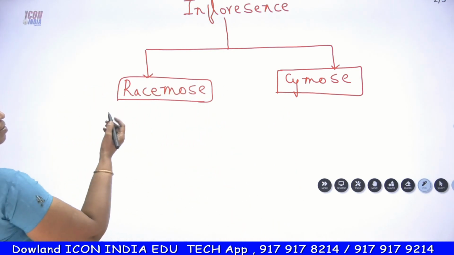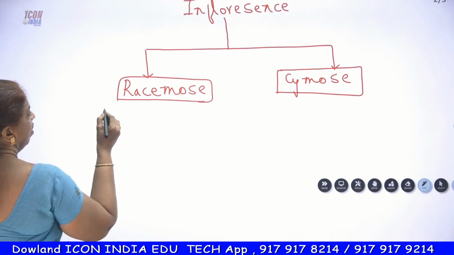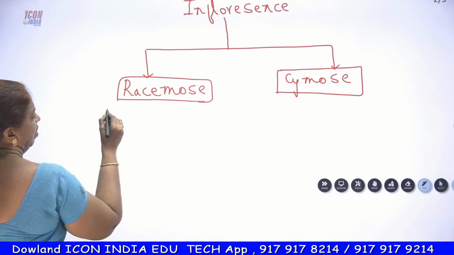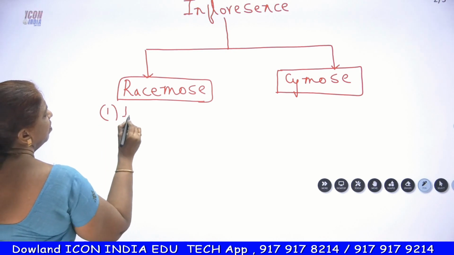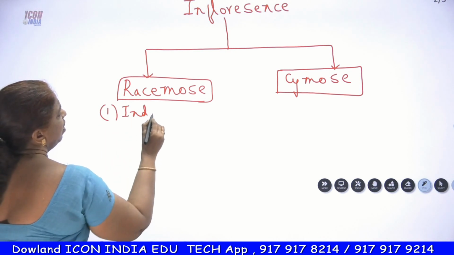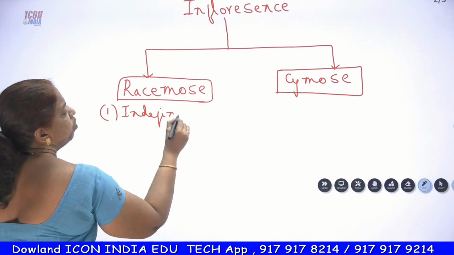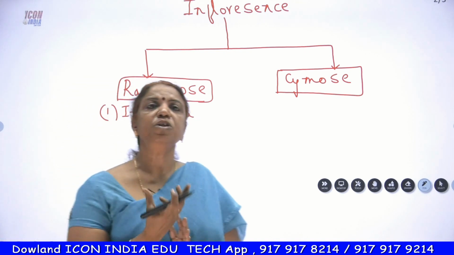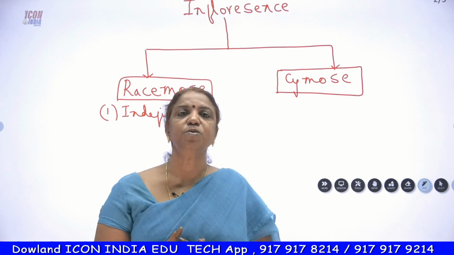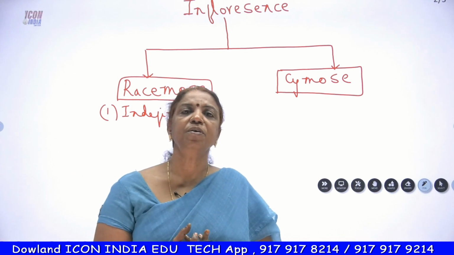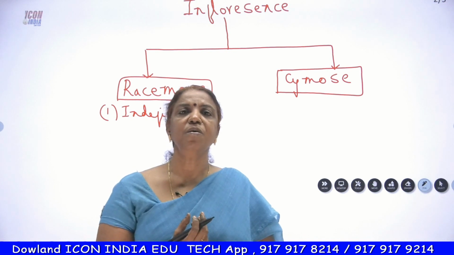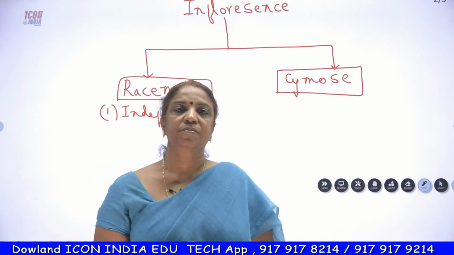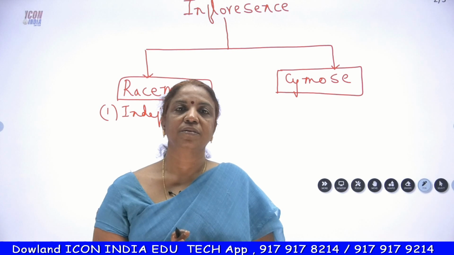Here the first character is, in the case of racemose, indefinite growth of the peduncle. Indefinite means the peduncle grows continuously without stopping.